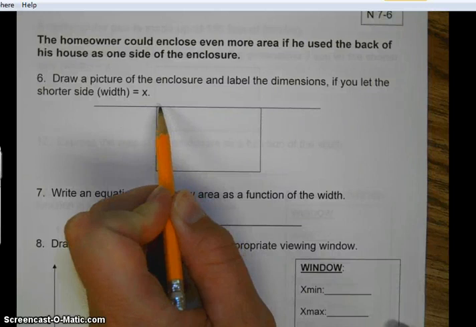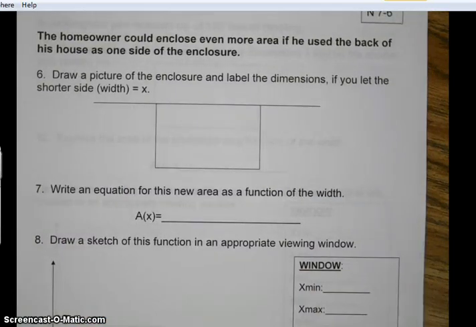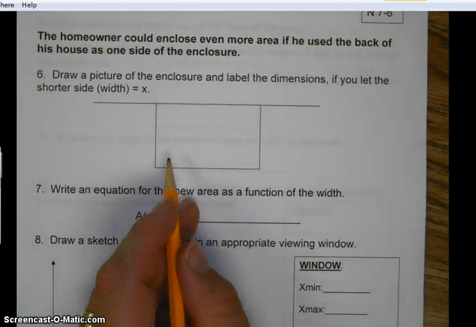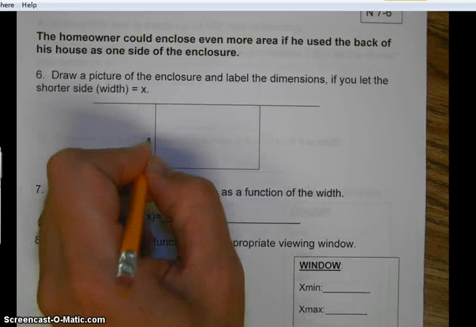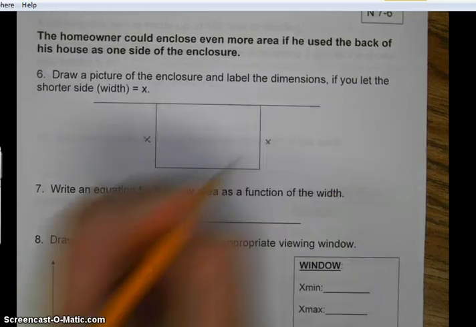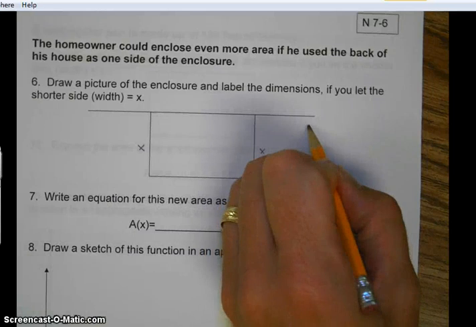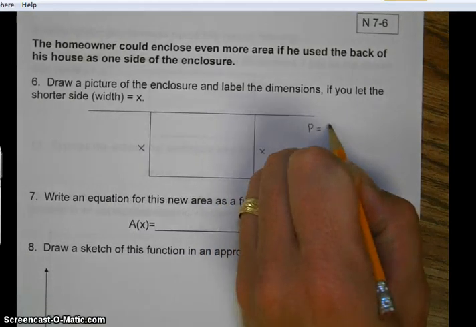Okay, so let's take a look at what we would do here. We have our picture drawn for us. We're going to go ahead and use a width of x again. And we're going to use our little formula again to find our length.